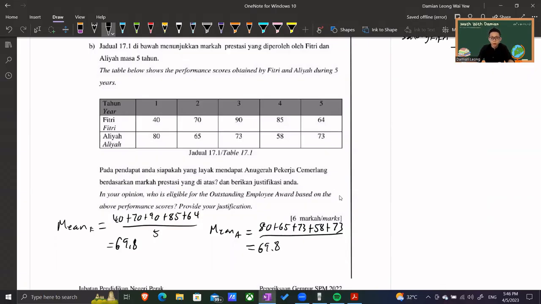So I cannot compare using the mean. Then we look at who is more consistent, which we can compare using the measures of dispersion, the best of which is standard deviation.